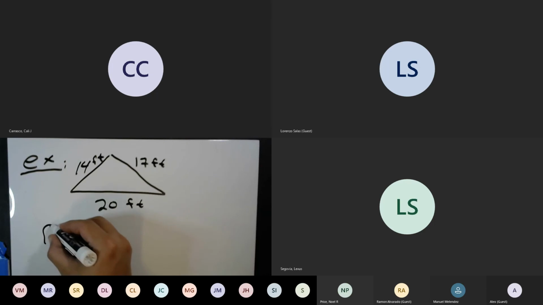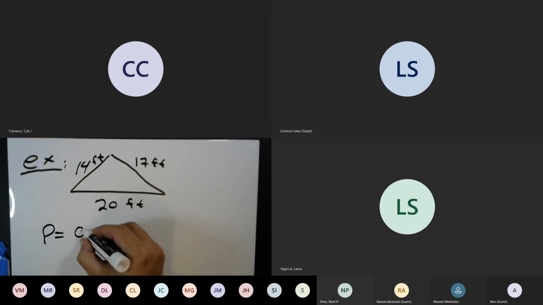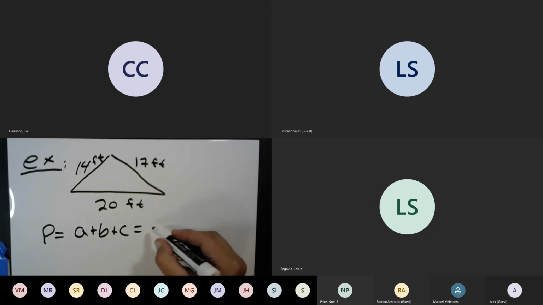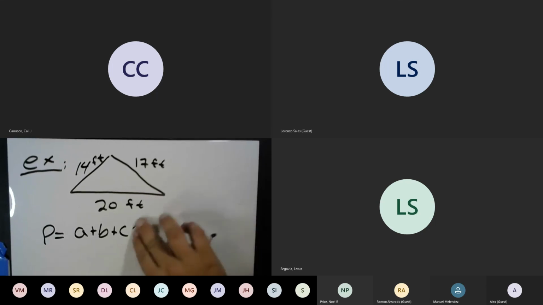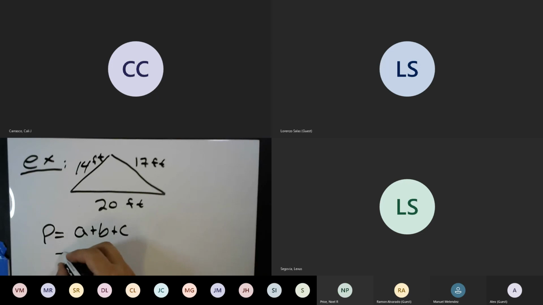Well, the perimeter, the sum of the three sides, are 20 feet, 17 feet, 14 feet.